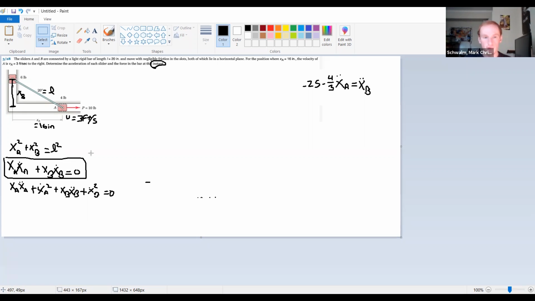So next we are looking for, what did I look for? Oh, the force of the bar. All right. So for the force of the bar, we're going to use T as a tension kind of deal. And we're just going to draw a couple free body diagrams. So let's just start with block A. So we have block A right here.